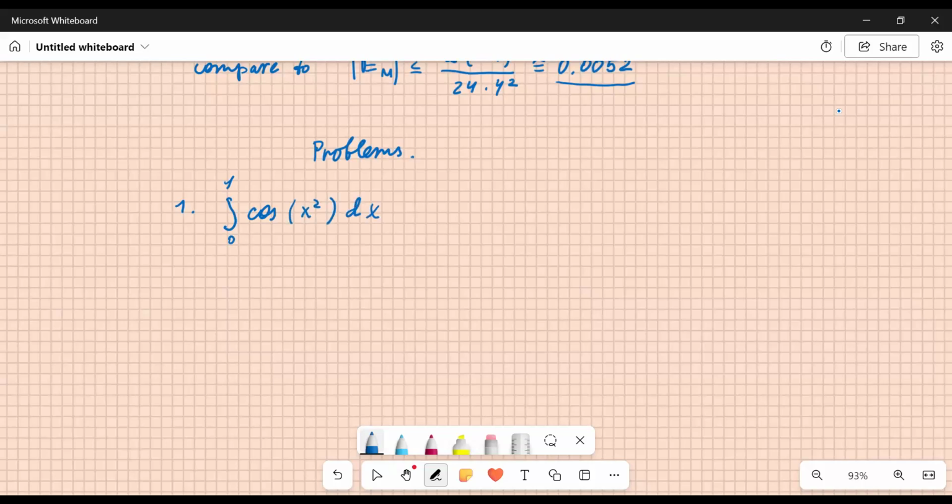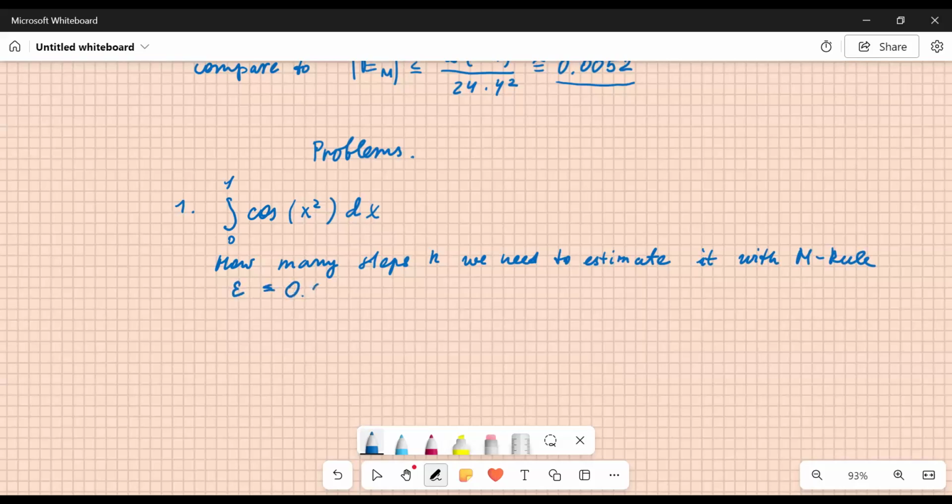So what is going to be my question? How many steps n we need to estimate it with Simpson's rule, with error less than or equal to 0.0001.